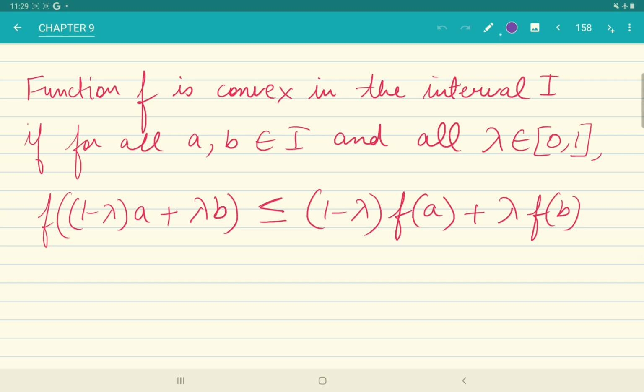So that just means I would have to go for this, again a less than b, but this inequality will be strict in this case. So here I will say that f is strictly convex.